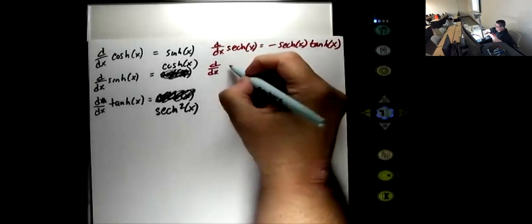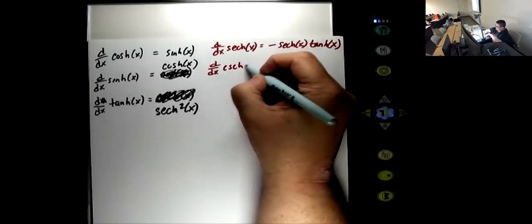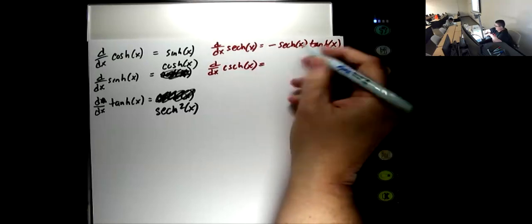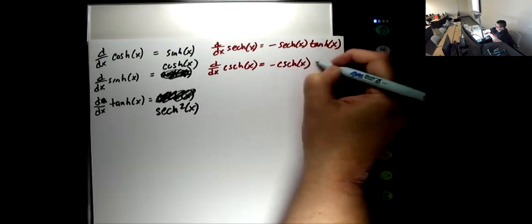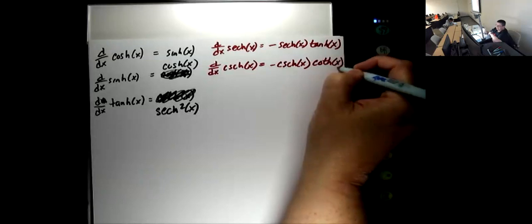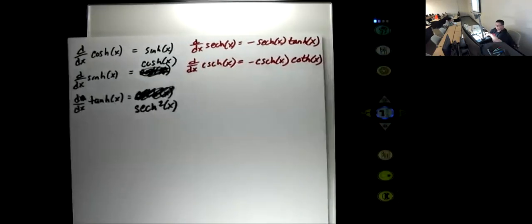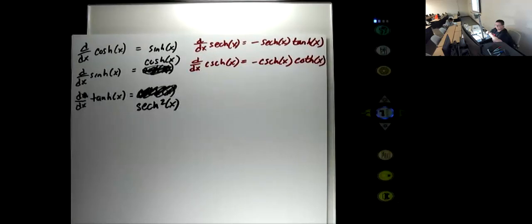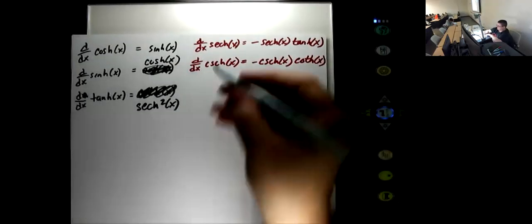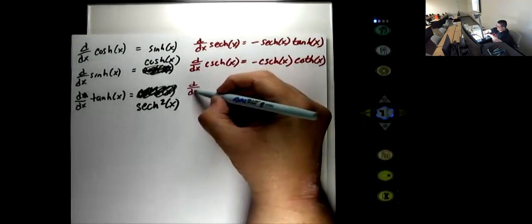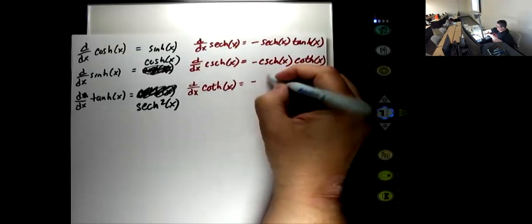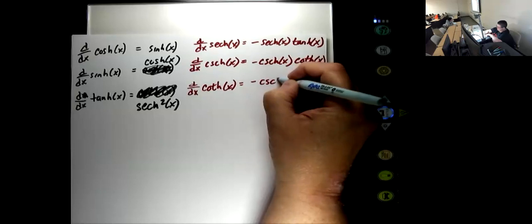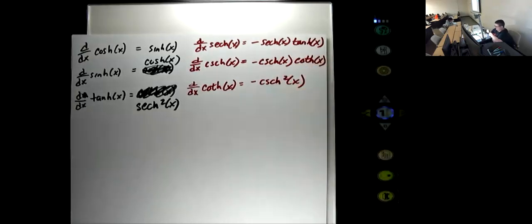The derivative of hyperbolic cosecant x is negative hyperbolic cosecant x hyperbolic cotangent x. And finally, the derivative of hyperbolic cotangent x is negative hyperbolic cosecant squared x. So they look like the originals other than some sign changes.